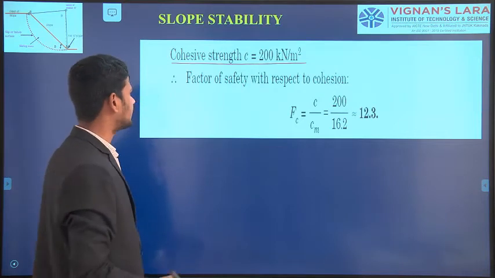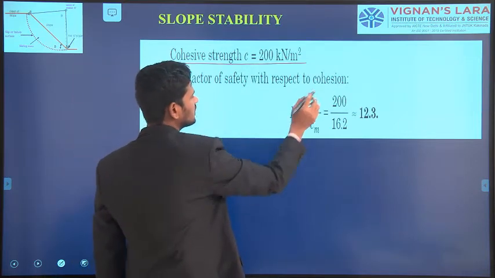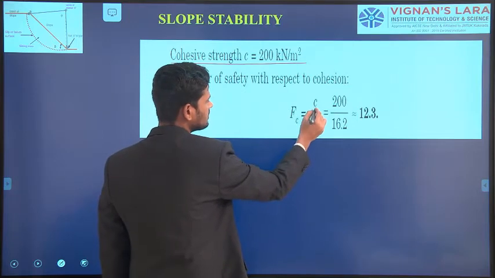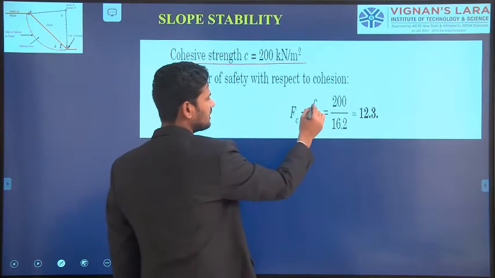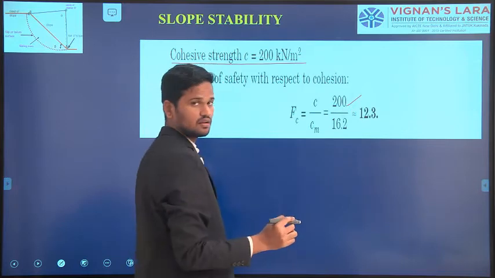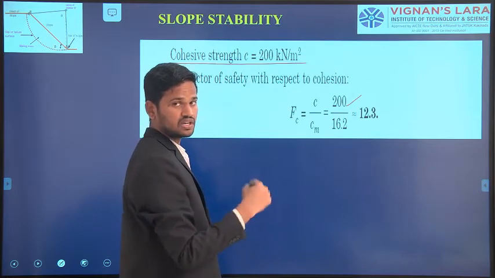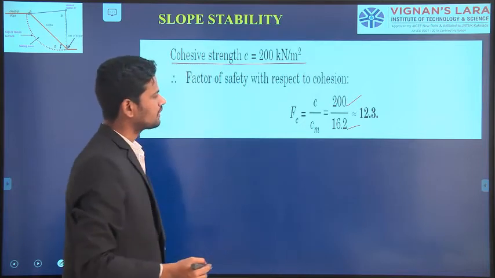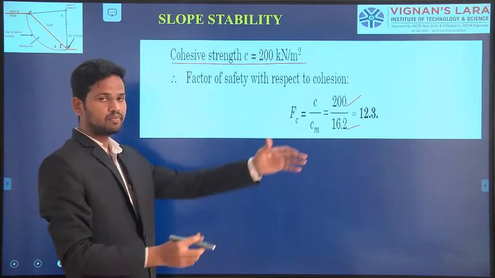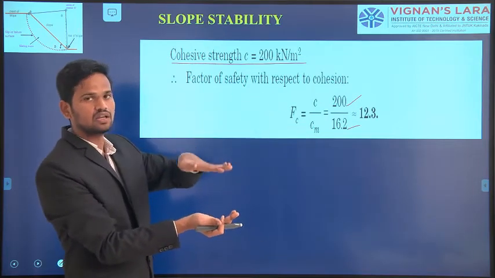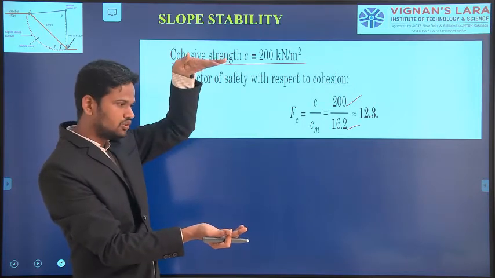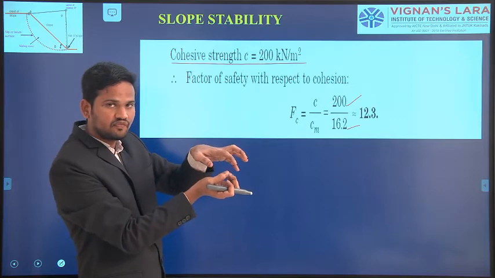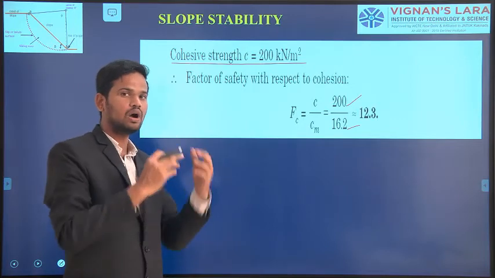Factor of safety with respect to friction equals C divided by Cm, where C is the cohesion intercept given in the problem as 200, and Cm is the mobilized cohesion intercept. Due to external forces or the sliding force, the friction will somewhat reduce.